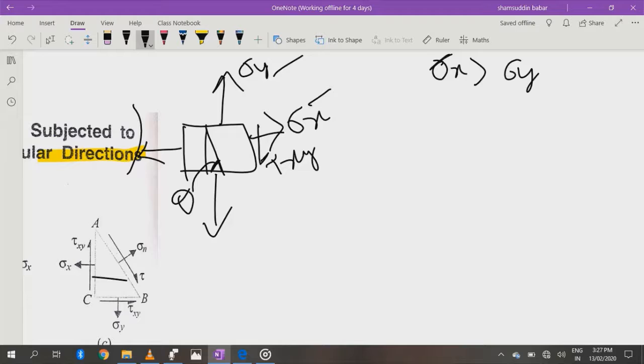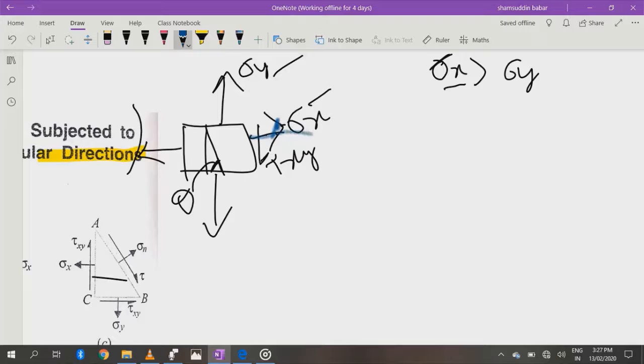I am assuming that my stress x is maximum, major, means my major stress here is stress x. So I told you that my angle theta is from major principal stress. So major principal stress is this, with a different color. Major principal stress is this.